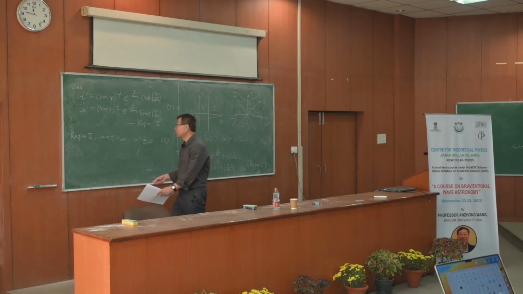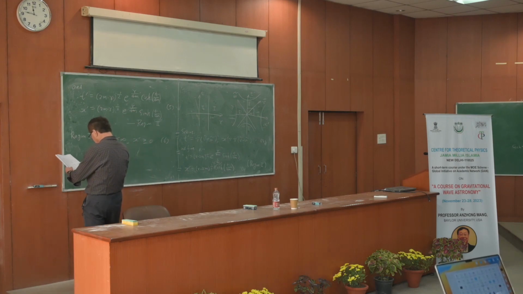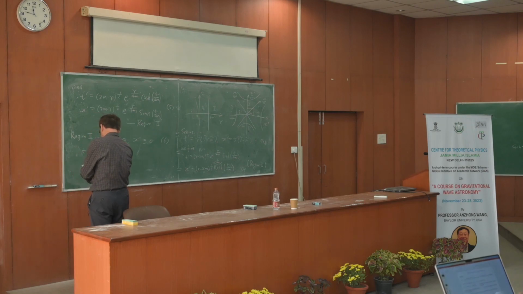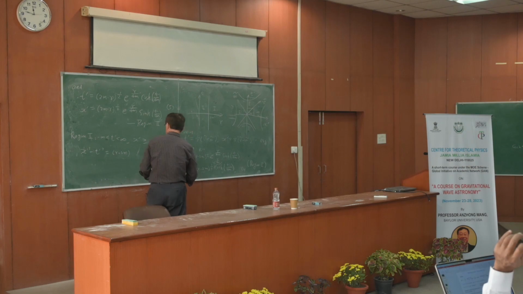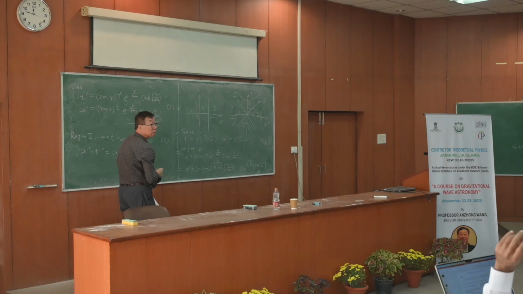So I have actually x prime squared minus t prime squared equals r minus 2m, to the square, then E to the r over 4m, right? But this is actually always greater than 0.